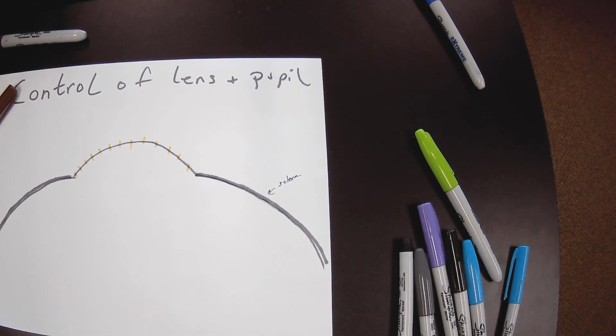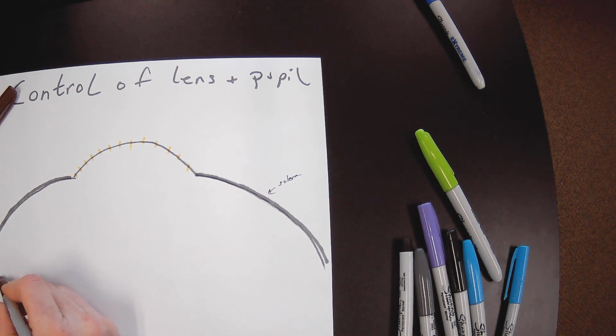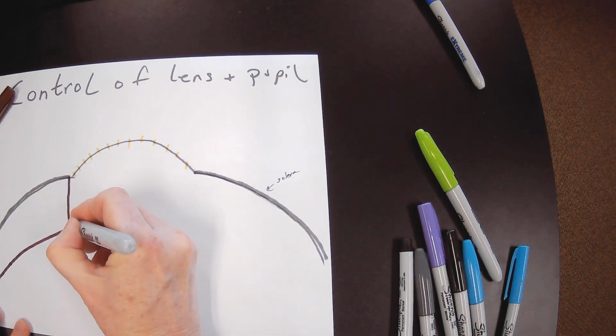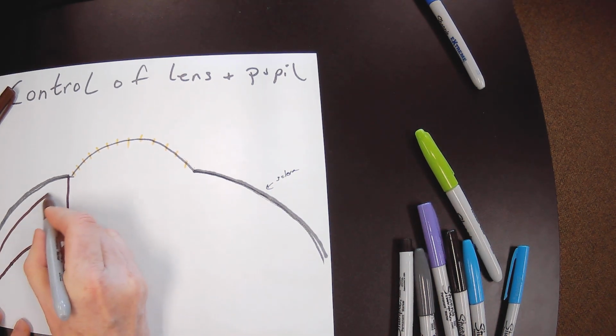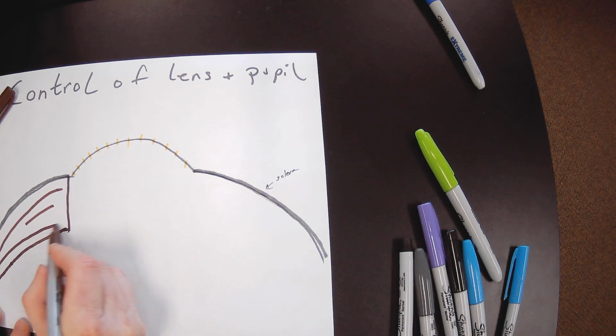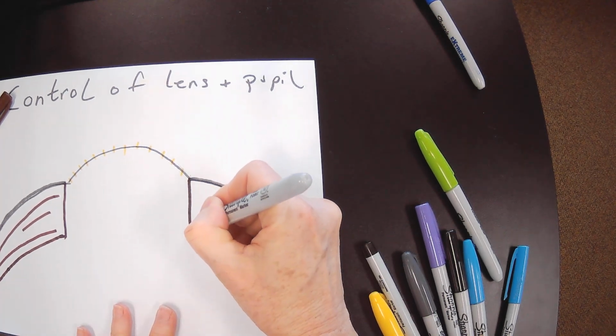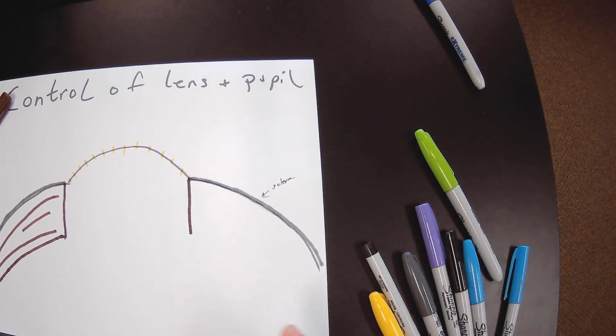We talked about the choroid being next. That's going to be the vascular layer that comes up. And then as it goes forward, it starts to thicken and becomes the ciliary body. You guys have questions?